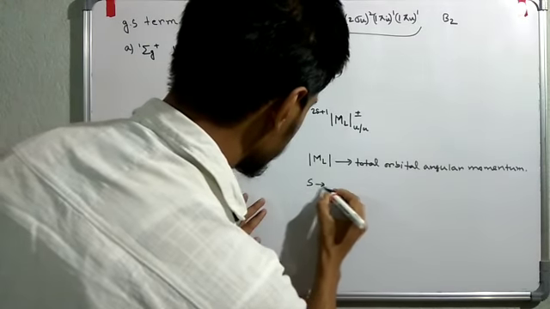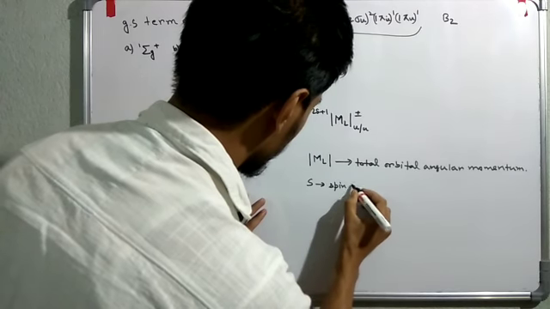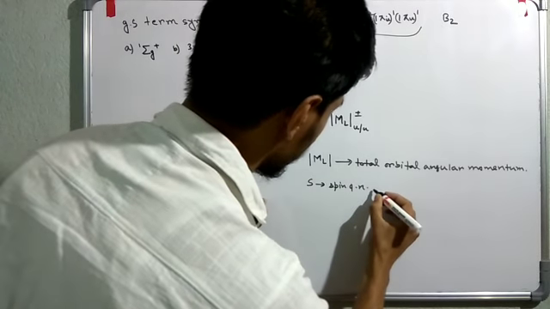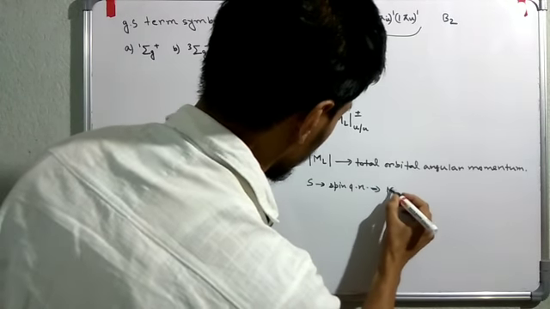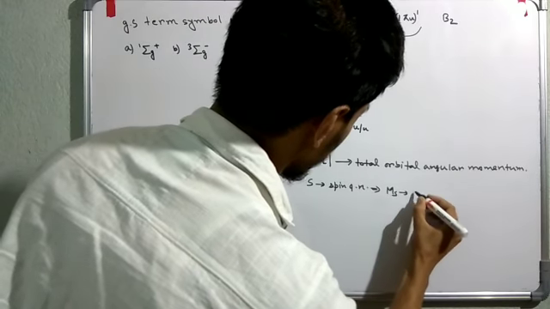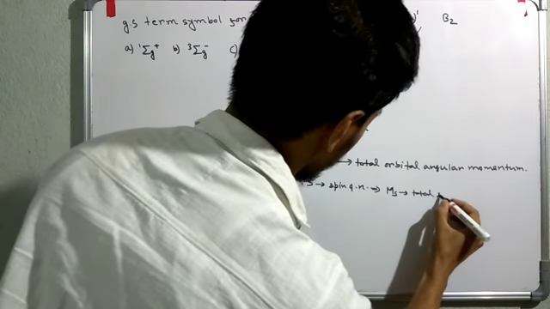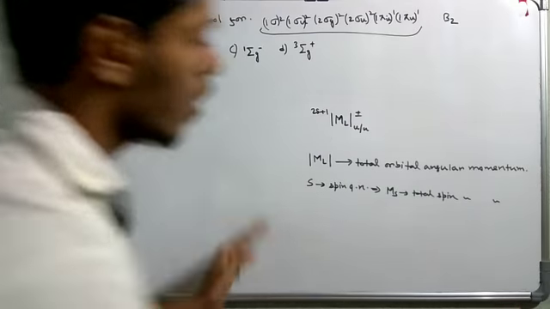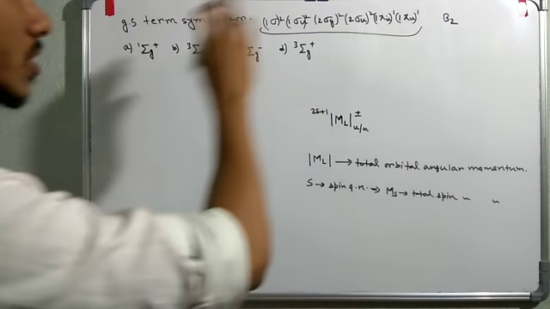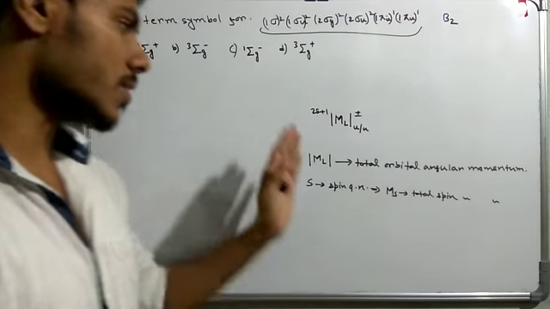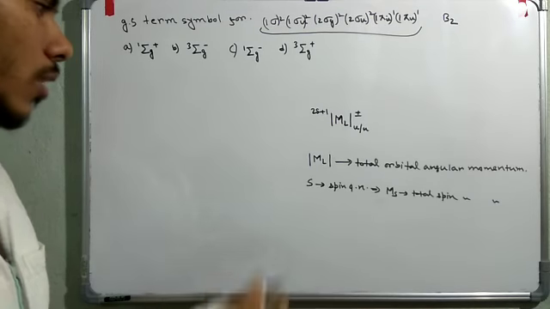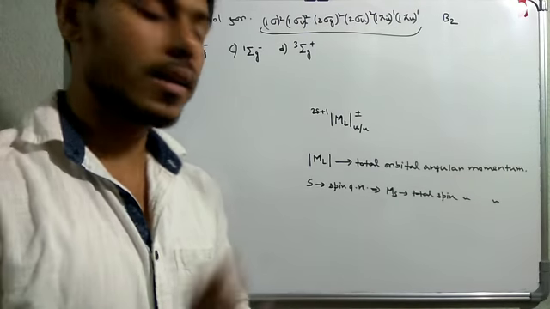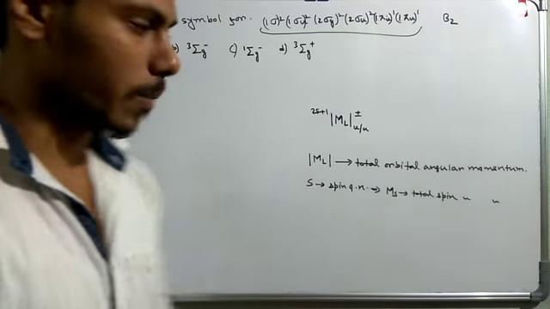This S is the spin quantum number, and this comes from MS, which is the total spin angular momentum. So to determine the molecular term symbol, first you have to calculate the total orbital angular momentum and the total spin angular momentum.